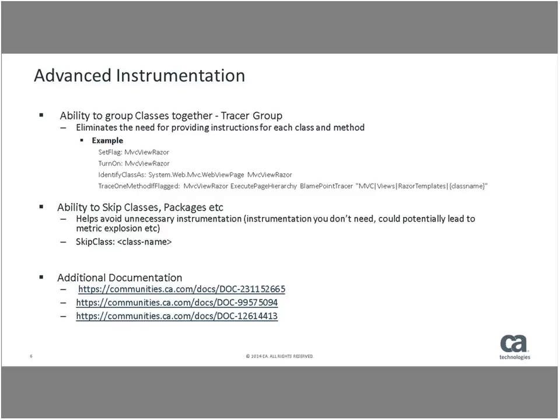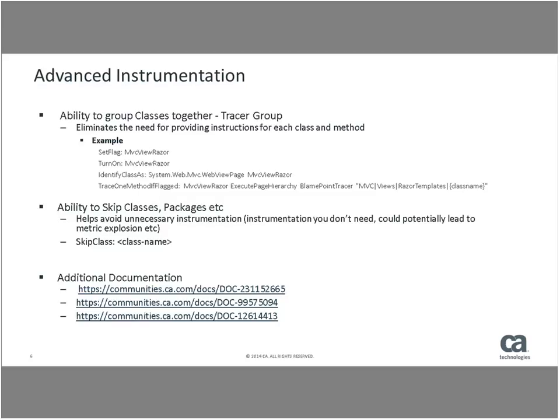This is kind of an alias. When you see set flag and turn on flag, it's basically an alias. I'm saying identify the class as a particular package and class, and then I want this particular class and every method in that class to be referenced by this alias, MVC view razor.